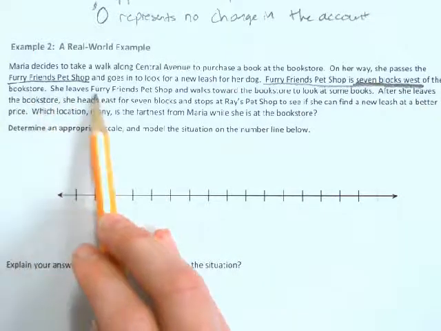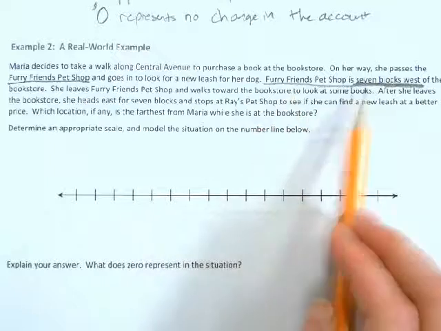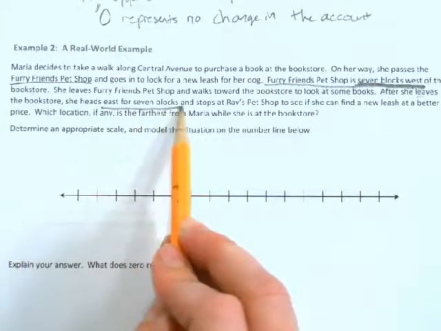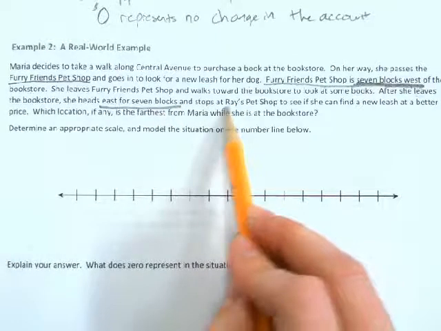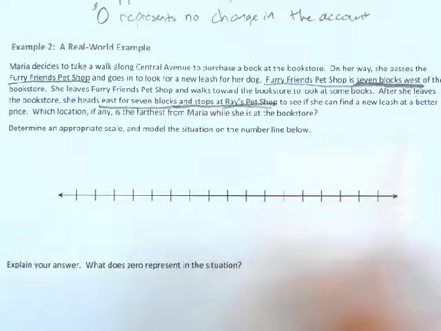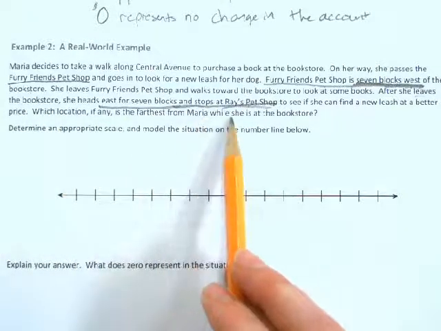She leaves Furry Friends pet shop and walks towards the bookstore to look at some books. After she leaves the bookstore, she heads east for 7 blocks and stops at Ray's pet shop to see if she can find a new leash at a better price. Which location, if any, is farthest from Maria while she is at the bookstore?